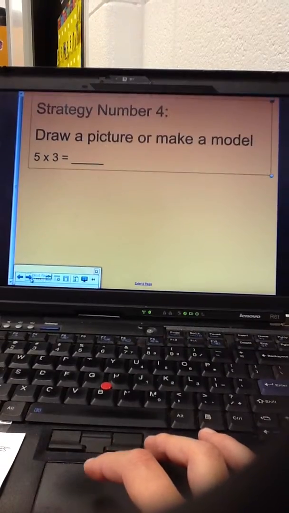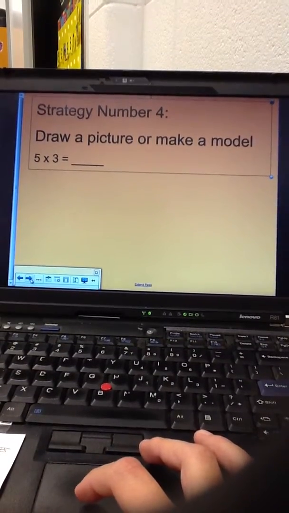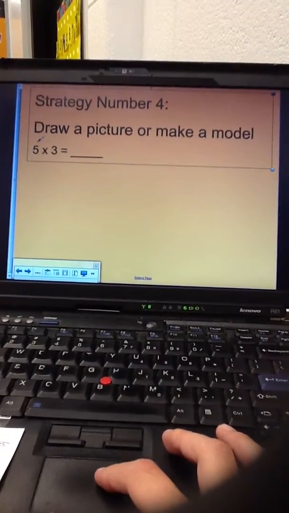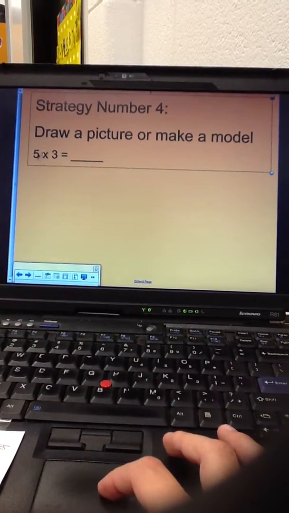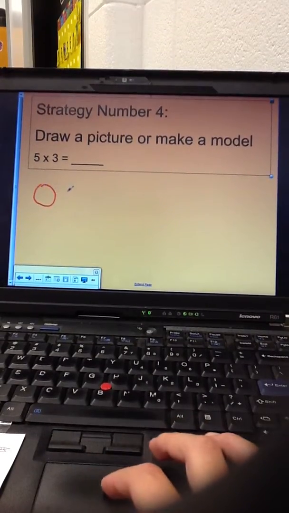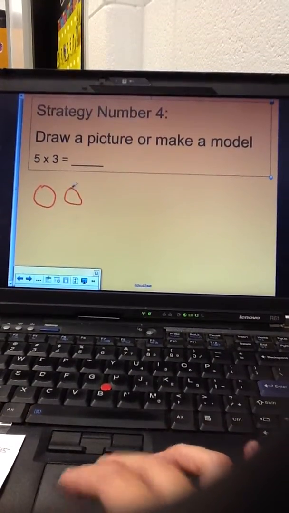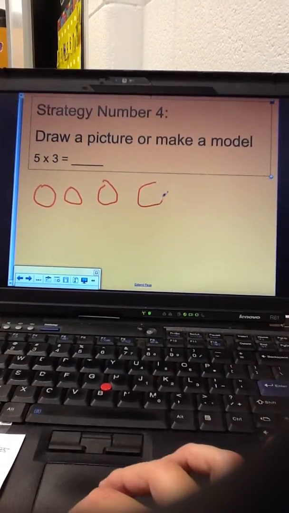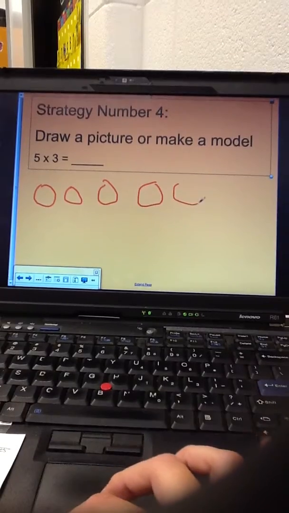Another strategy, the final one I'm going to show you, is to draw a picture or make a model. And this one I know that you have been taught before, and it would be something like this. This first number tells us how many circles that we need. 1, 2, 3, 4, and 5.